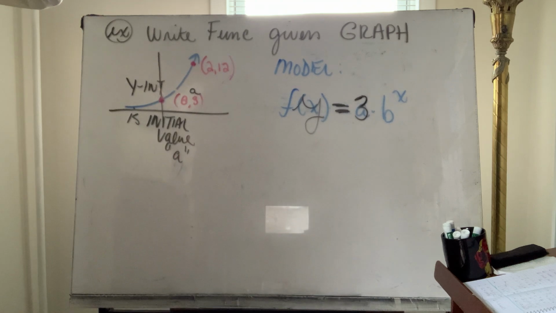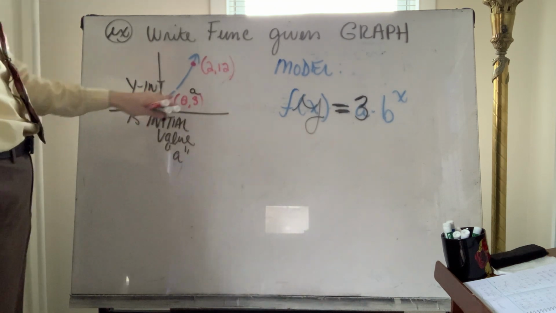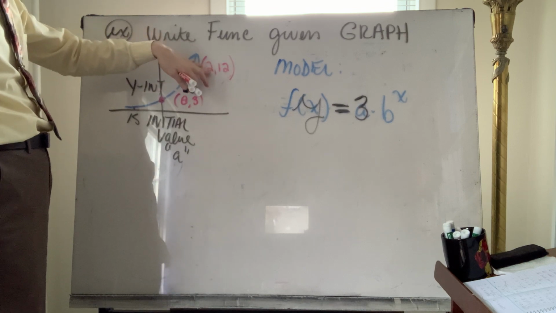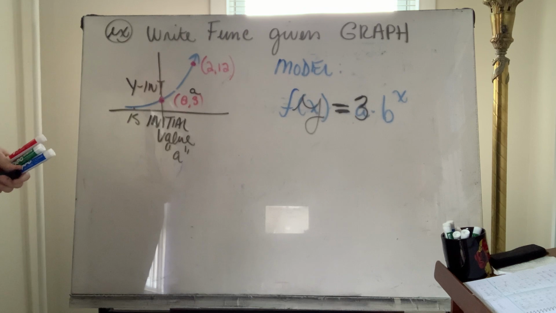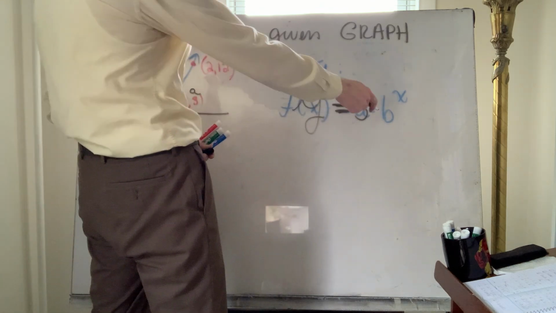Now if you want to calculate b, use some other point. In this case, you have a second point up here, 2 and 12. Just put the 12 in the appropriate place, and the 2 in the appropriate place, and then we could calculate what b is.